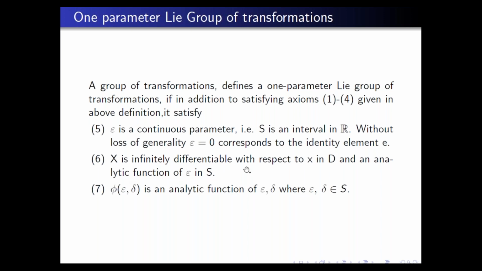X is infinitely differentiable with respect to x in D, and an analytic function of epsilon in S. 7. Phi is an analytic function of epsilon and delta, where epsilon and delta belong to S.